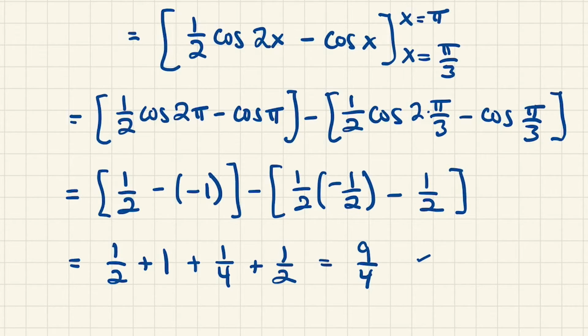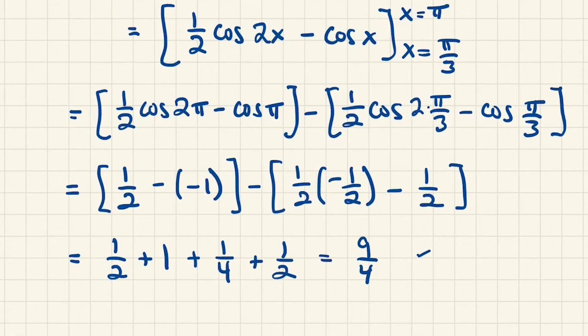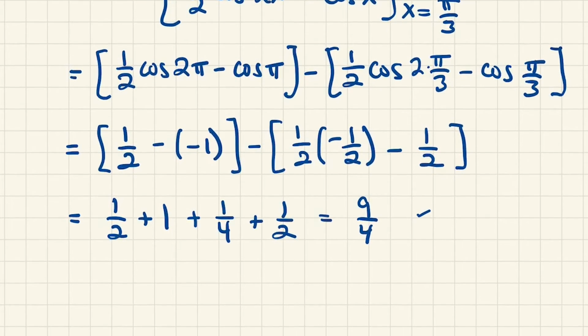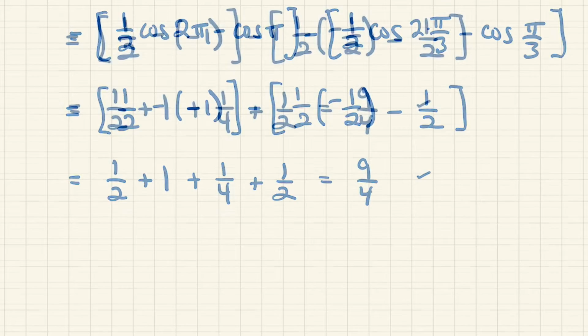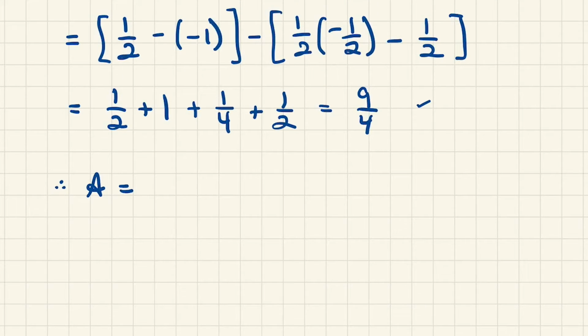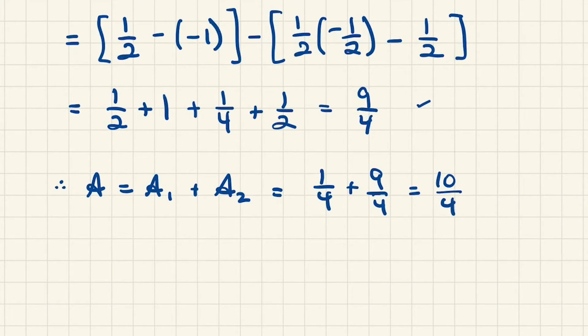All right. So we're almost done with this monster. We have our A1, which was 1/4. We have our A2, which is 9/4. And now we can conclude that the area is the sum of those two pieces. So that would be 1/4 plus 9/4, which is 10/4.